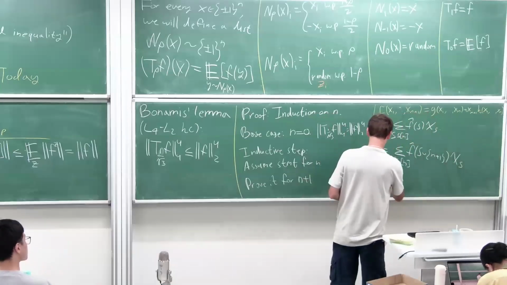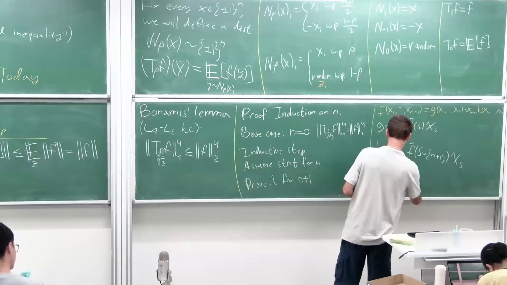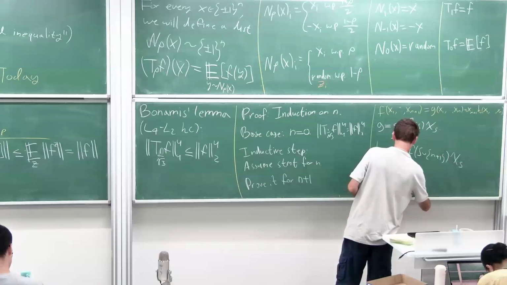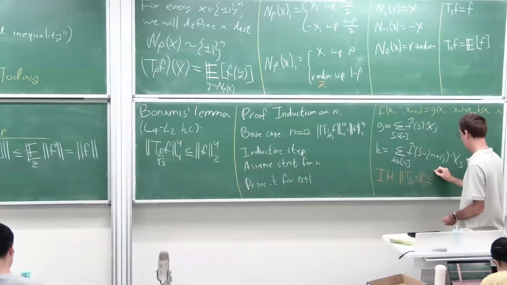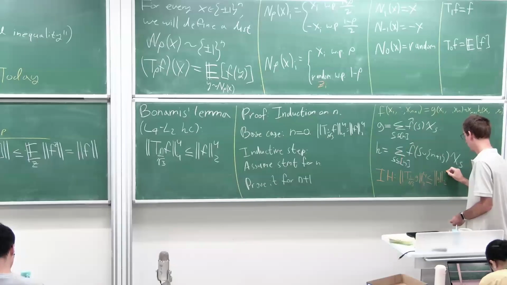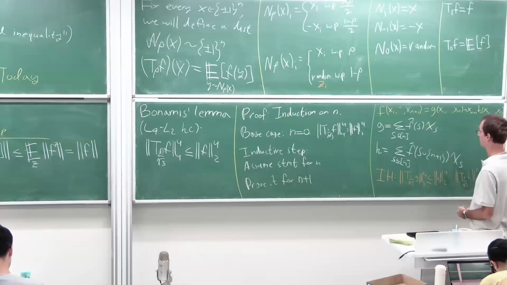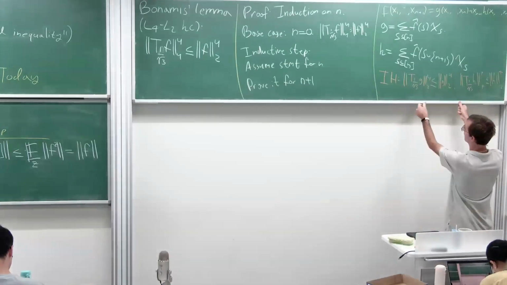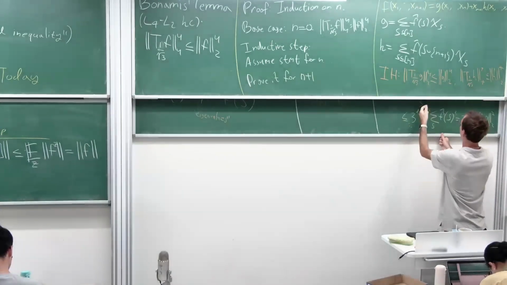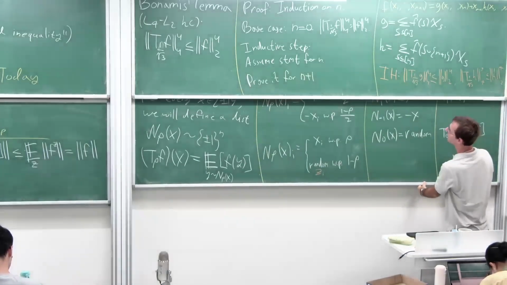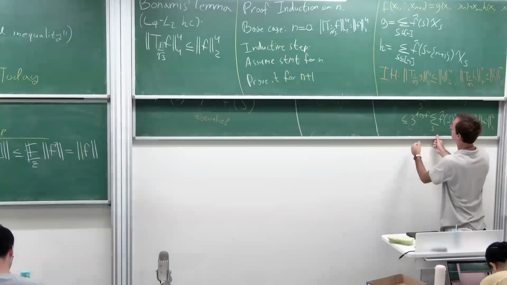Okay, and the induction hypothesis is that T_{1/√3} g to the 4 is at most g 2-norm to the 4, and the same for h. Okay, so far we haven't done anything.